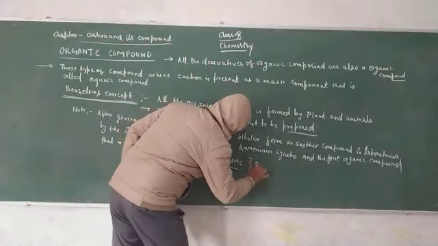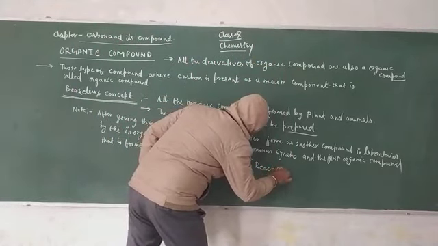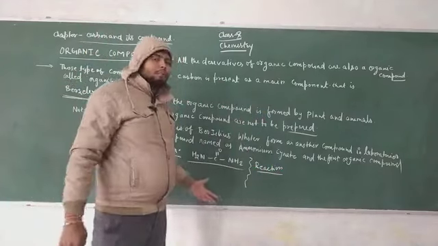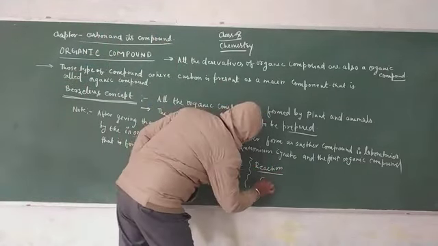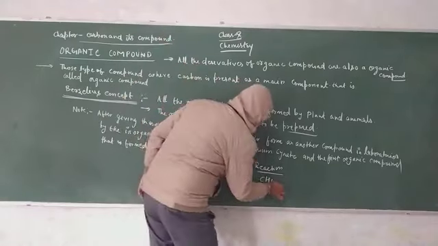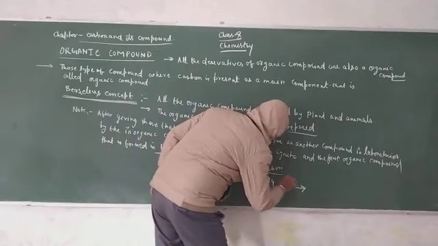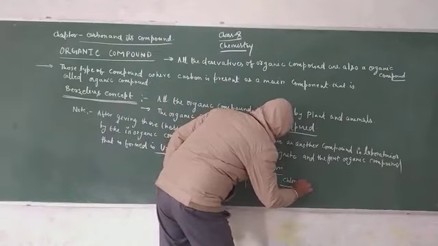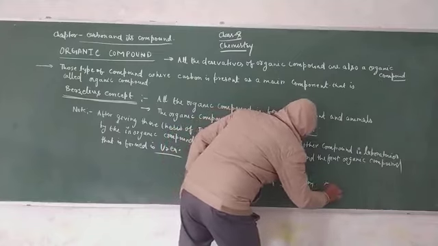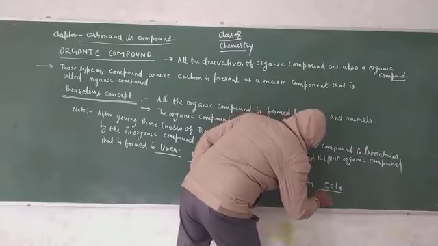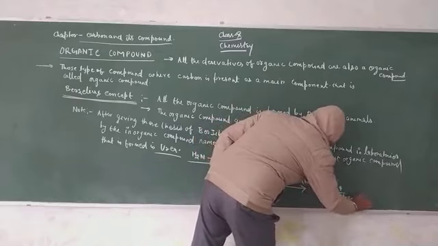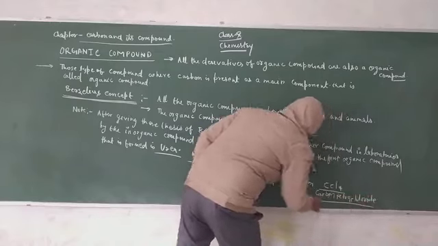When you check a reaction in terms of methane, CH4, when you chlorinate it with the help of 4 chlorine atoms, your compound will be CCl4, carbon tetrachloride.